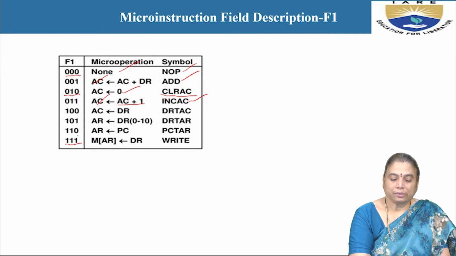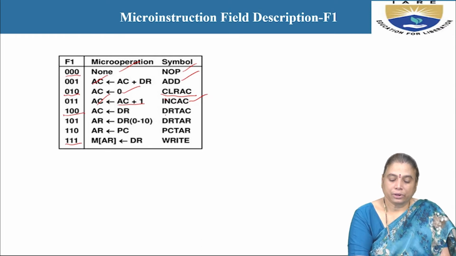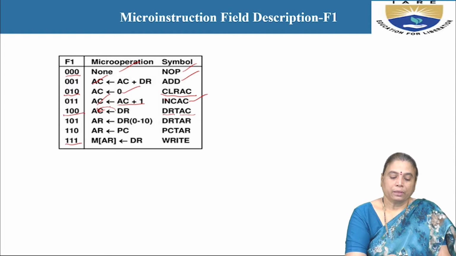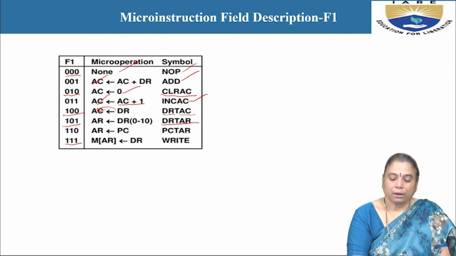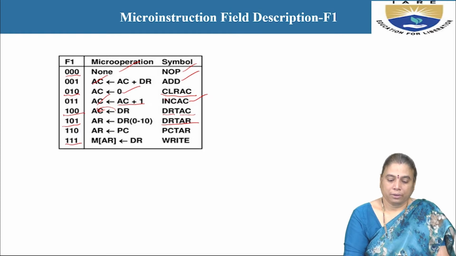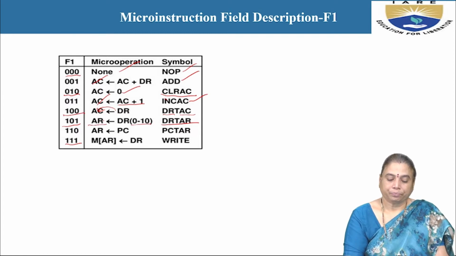In case F1 consists of 100, then DR2AC. Here the data transfer takes place from the DR register to the AC register, so the DR register value is moved to the accumulator register. Next is 101. During this F1 value, DR to AR data transfer occurs, so DR bits 0 to 10 are moved to the address register AR.